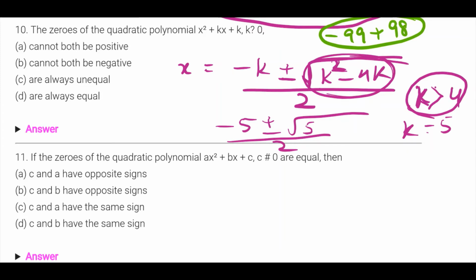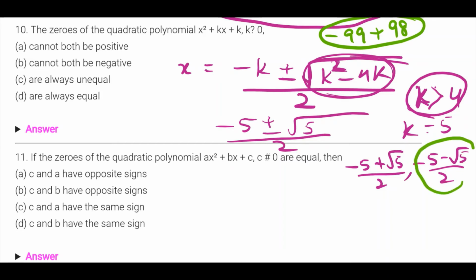So minus 5 plus root 5 by 2, and minus 5 minus root 5 by 2. Root 5 is less than 5, so this is a negative value. So both are negative here.